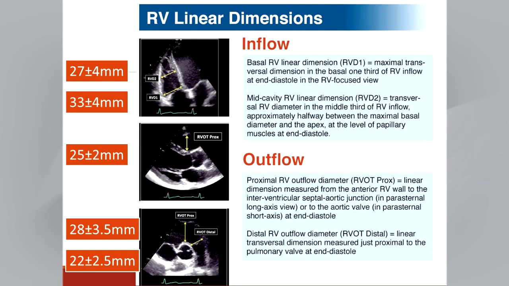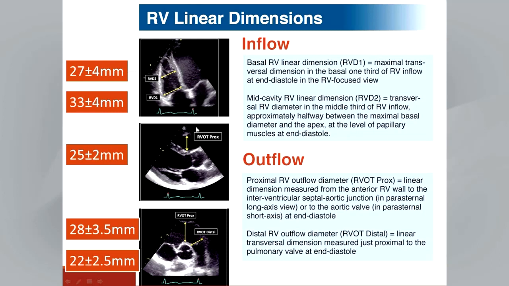Regarding linear dimensions of the right ventricle, we are predominantly now suggesting the basal right ventricular linear dimension, which is the maximal transversal dimension of the ventricle, and we provide the normal measurement, which is 33 plus or minus 4.